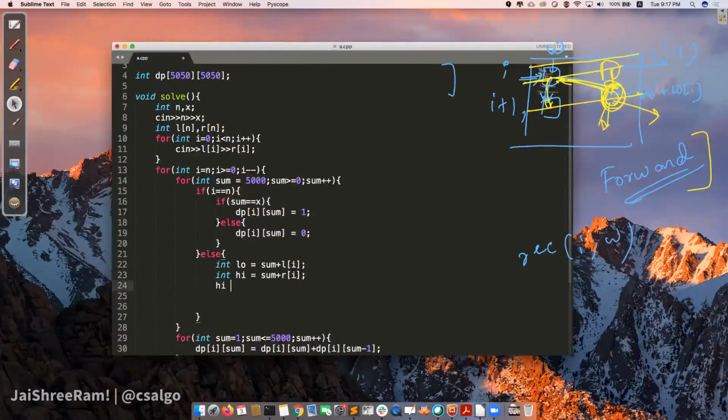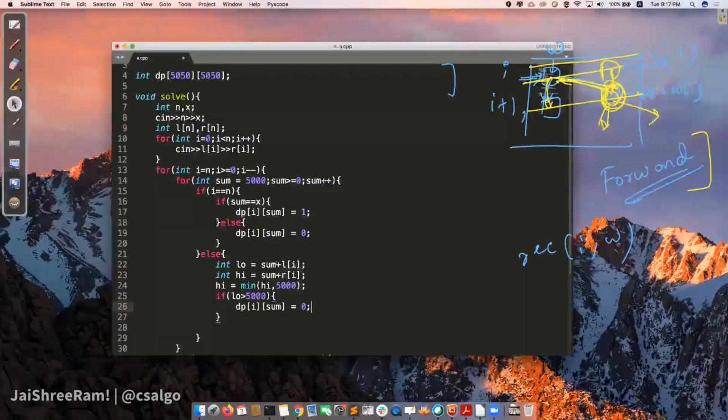Now high is equal to min of high comma 5000, because anyways we cannot go beyond 5000, right? And if low is greater than 5000, then it's not possible, so the number of ways at this particular state is going to be equal to 0. Make sense?